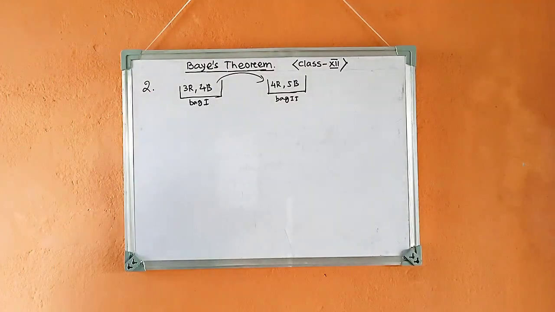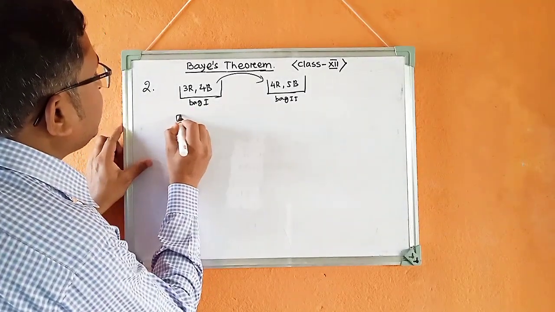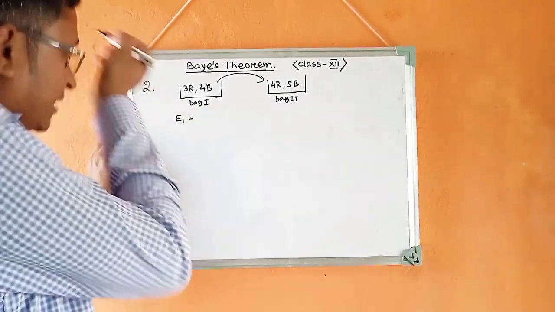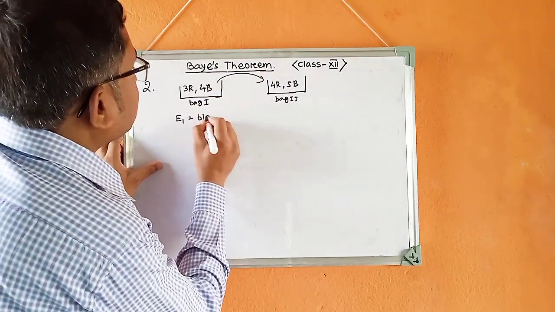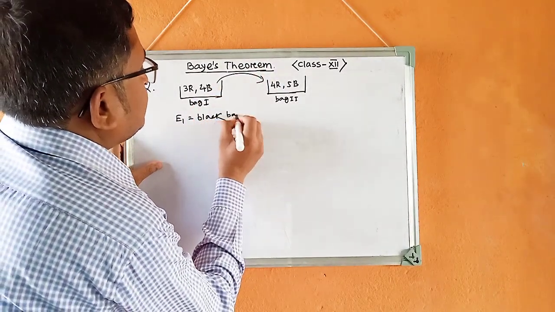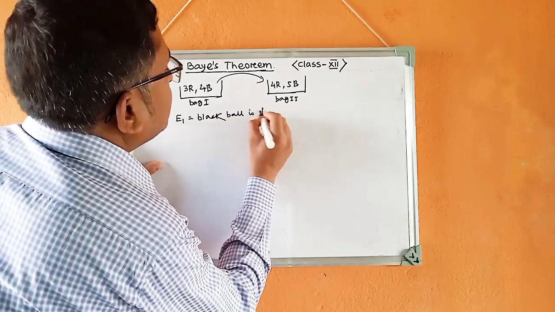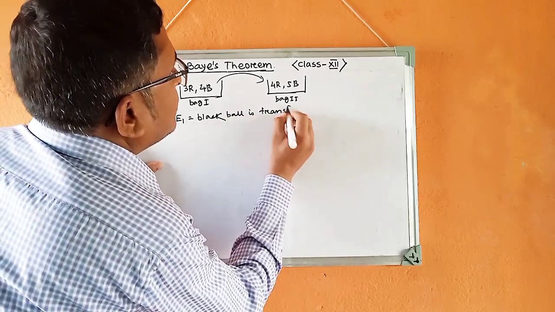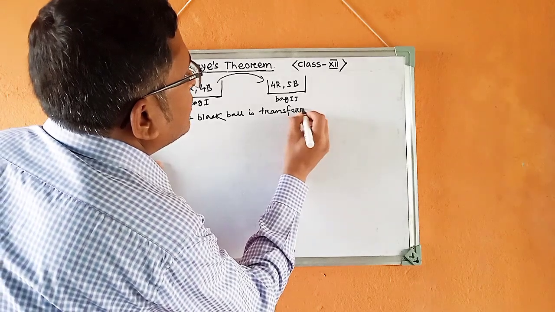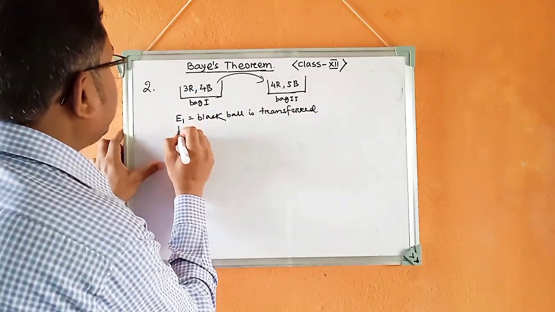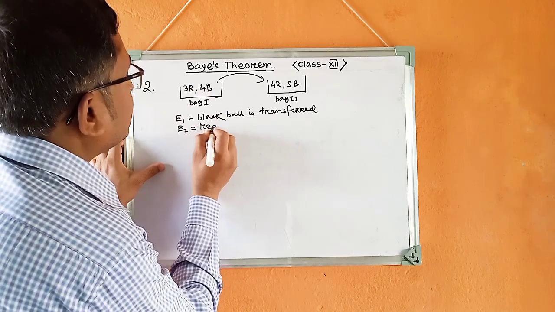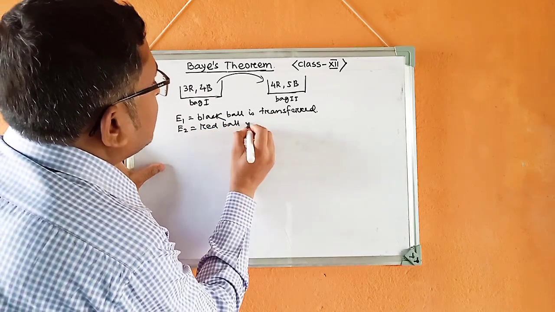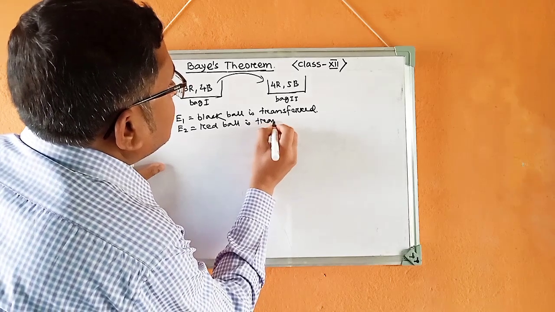Now see, first event E1. E1 is the event that a black ball is transferred. E2 is the event that a red ball is transferred.